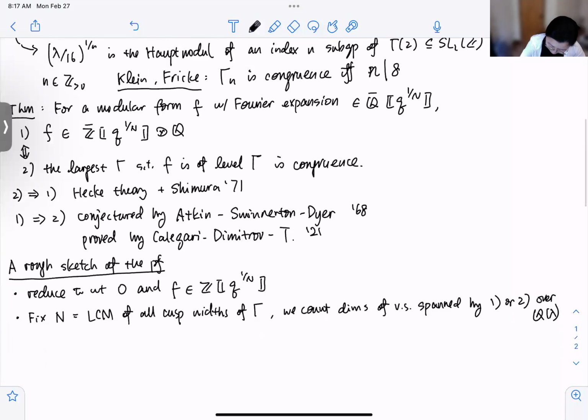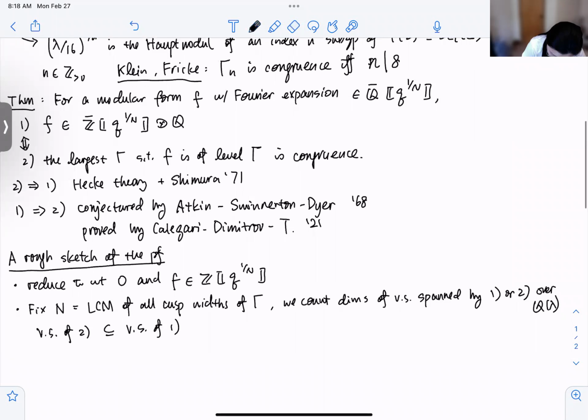And then we already know that the vector space V2 is contained in the vector space V1. And moreover, this is the work of Wolfart.